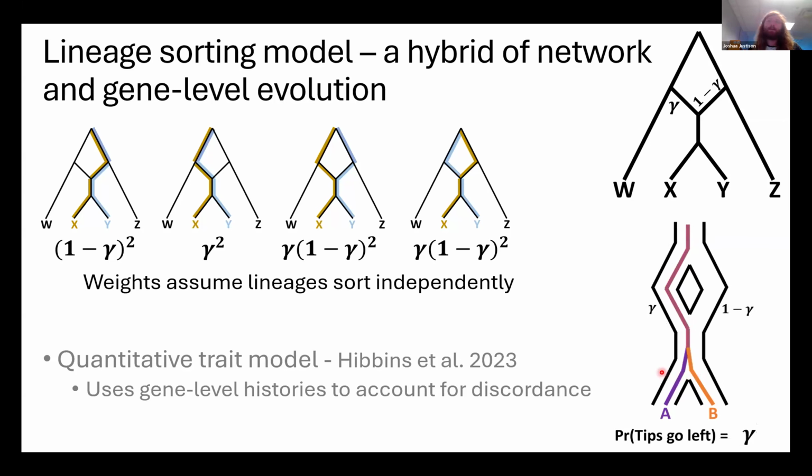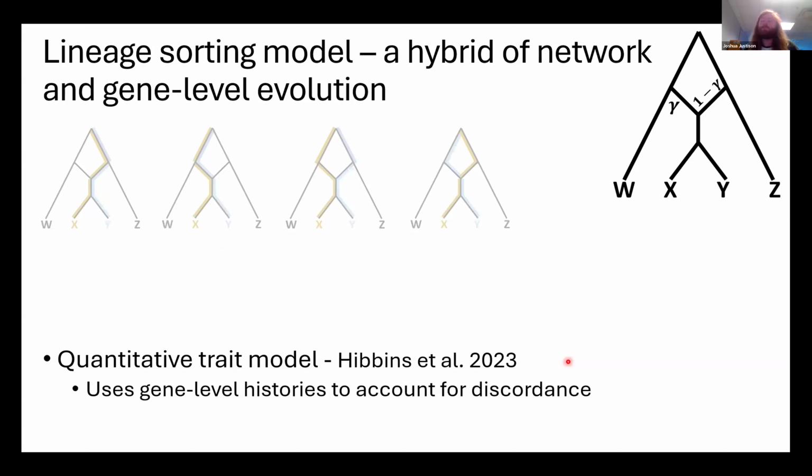However, this might not always be the case. When we consider things like incomplete lineage sorting or the multi-species coalescent, we might consider lineages coalescing prior to that hybridization. In that case, they're not going to be sorting independently, and this might affect the weights of things. This is where we can draw on inspiration from the quantitative trait model of Hibbins et al. that uses gene tree level histories to account for discordance directly.